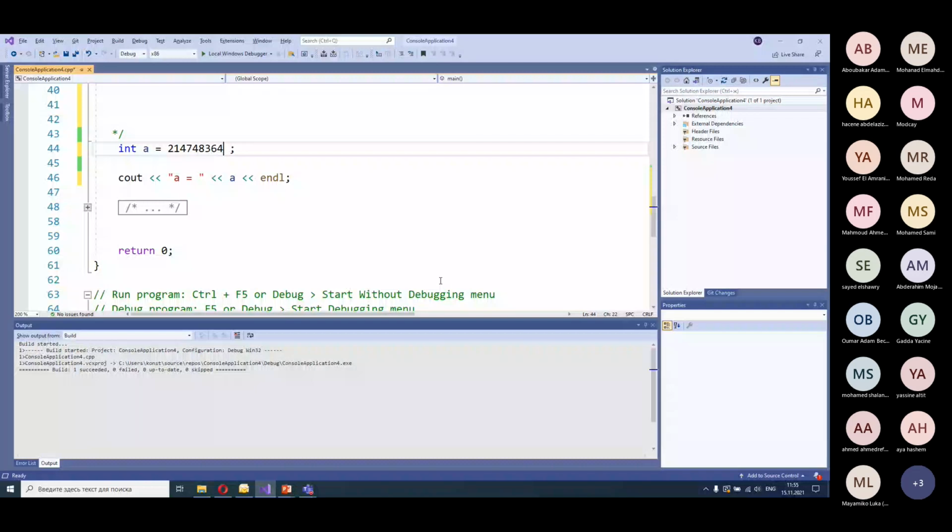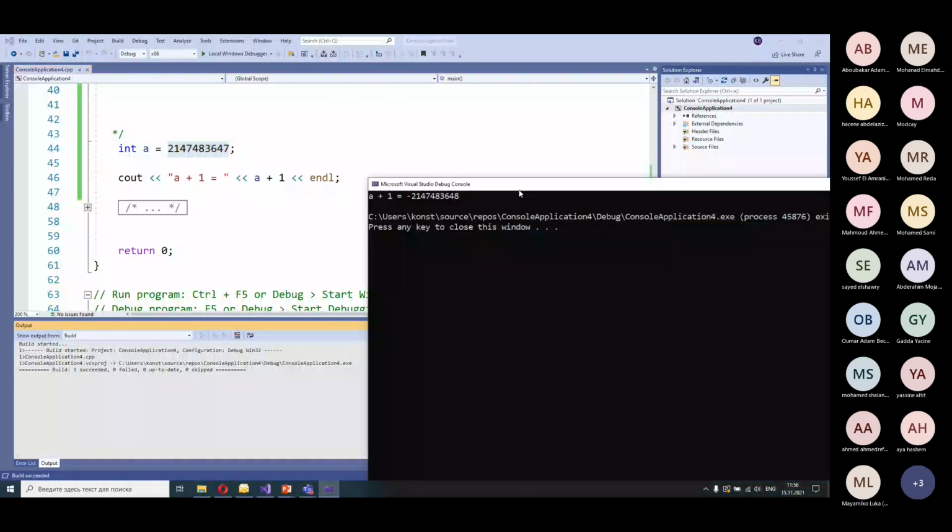Let's run this program. And we see a very, very strange result: this very large positive number plus 1 equals a negative number.